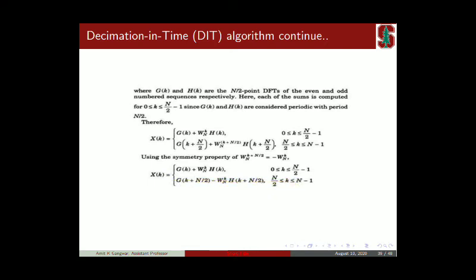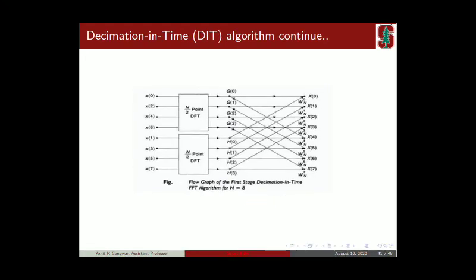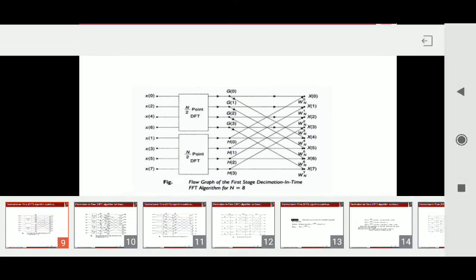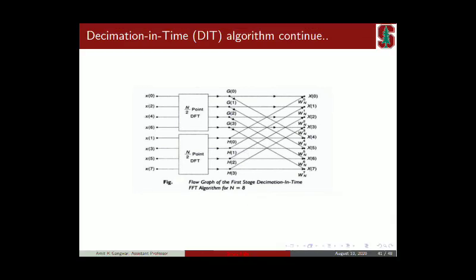When we put k equal to 4, then we get g(k+N/2) plus W_N^k h(k+N/2). As I told you, it is periodic in nature, so g4 is equal to g0. It is periodic by N/2, so g4 is again g0. That's why in the place of g4 we take g0, and in the place of h4 we take h0. Similarly, like this we can get all the expressions.